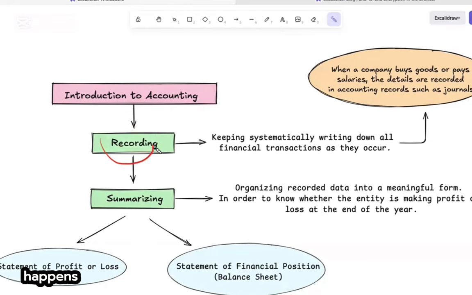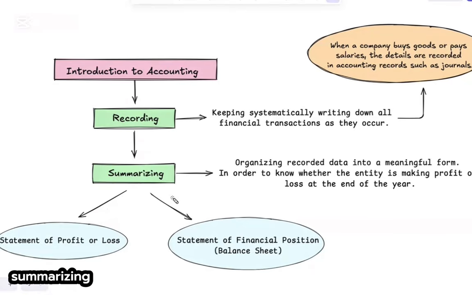After recording these transactions, we need to summarize them in order to see a clear picture of the business, whether the entity is making a profit or loss at the end of the year. By summarizing the information, the company can prepare financial statements, or a statement of profit and loss, at the end of the year.